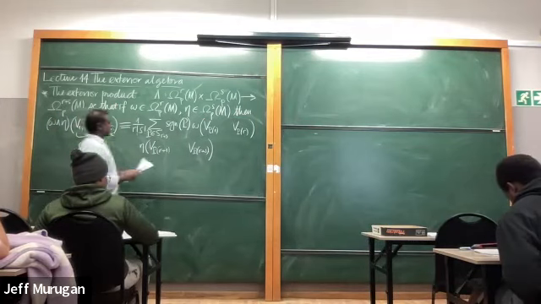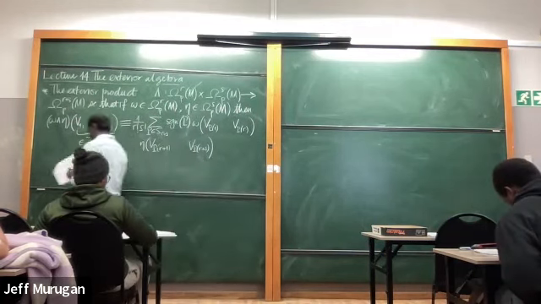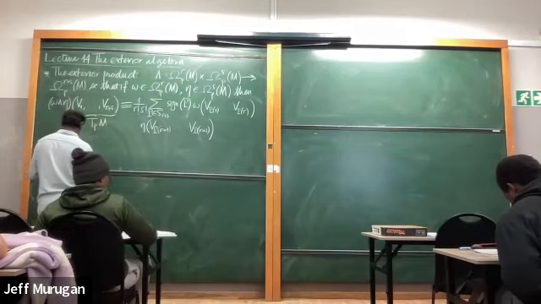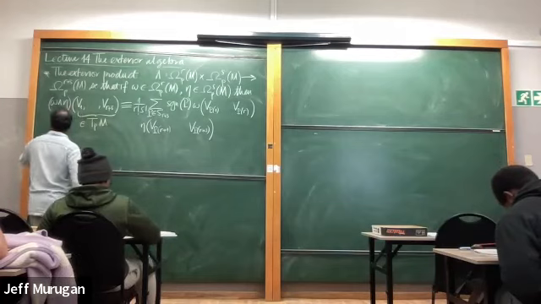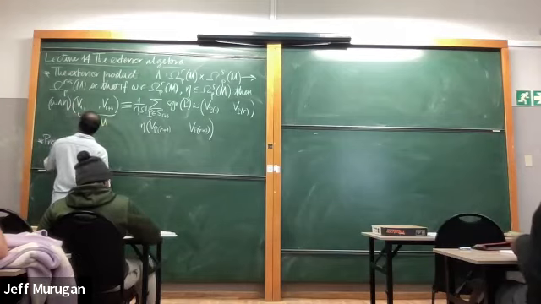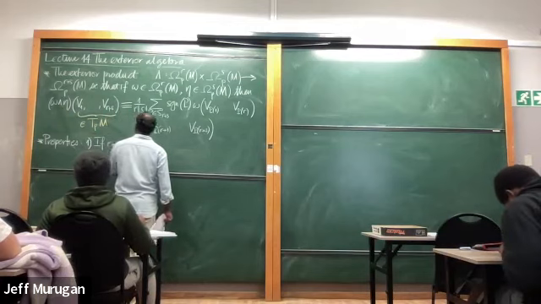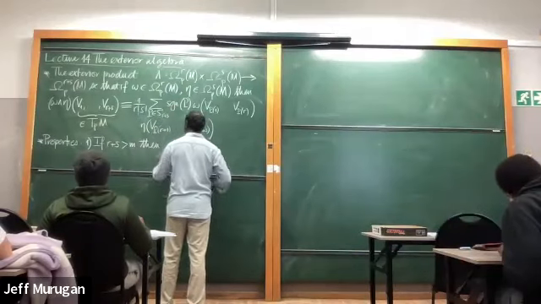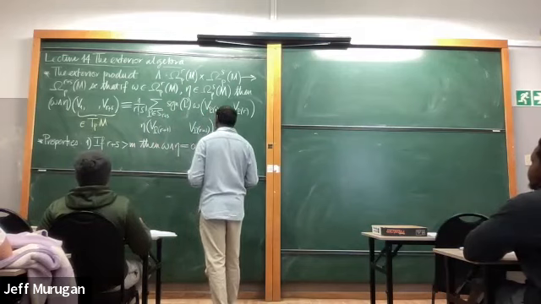So these are the properties of the exterior product. 1: if R plus S is greater than M, then omega wedge eta is 0.